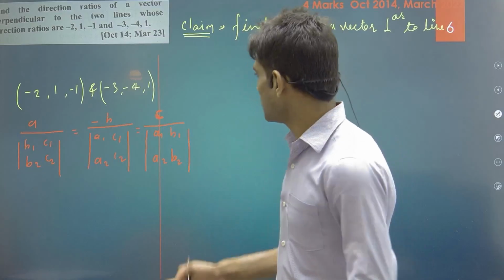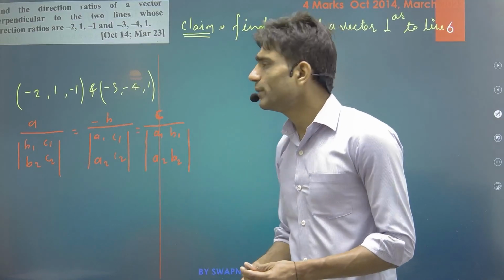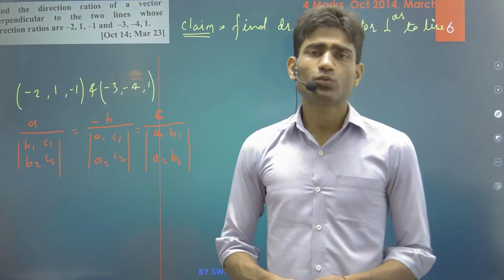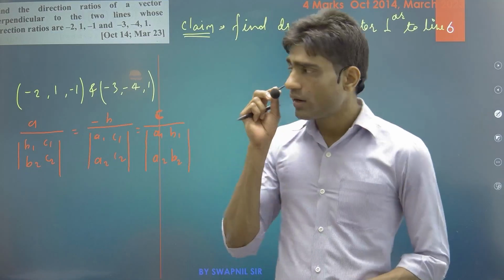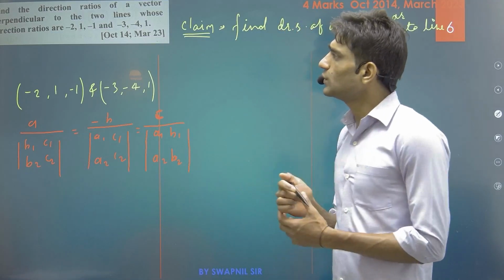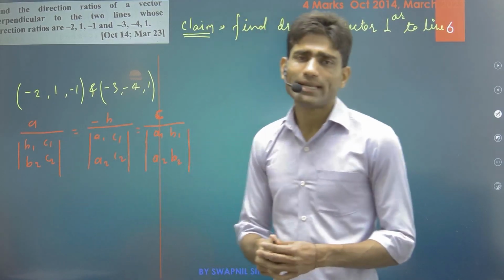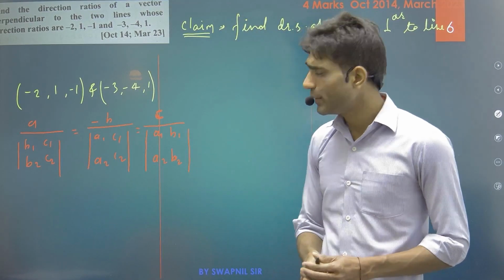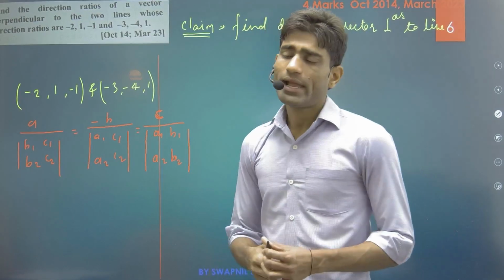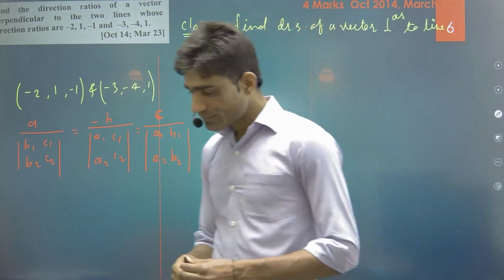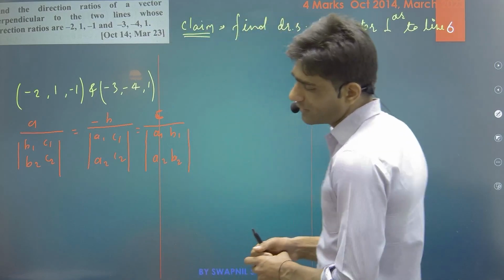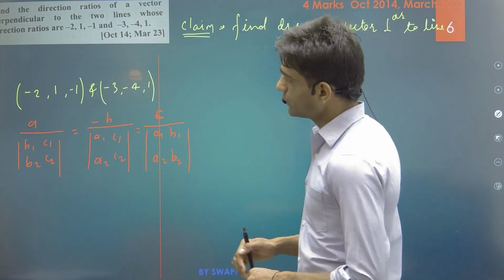Now first of all, we want the values of a1, b1, a2, b2 and so on. For defining these values, first define our direction ratios in the form of a, b, and c. So you will get the coefficients for a1, b1, a2, b2. Let's define the direction ratios for our given line.